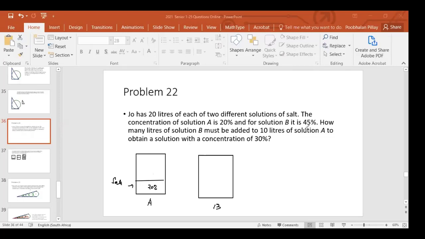Right. Then you've got solution B, the concentration is 45% salt. How many liters of solution B must be added to 10 liters of solution A to obtain a solution with concentration 30%?